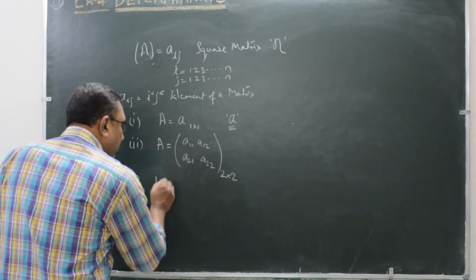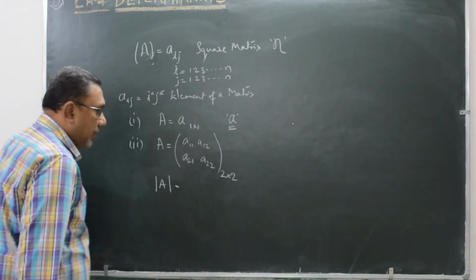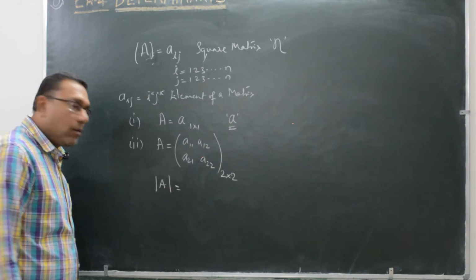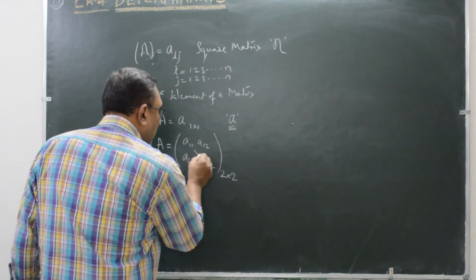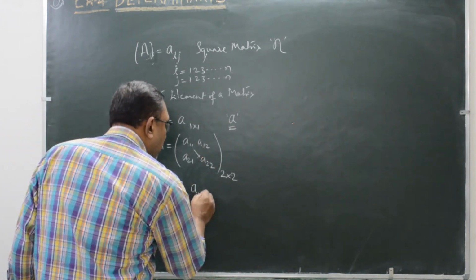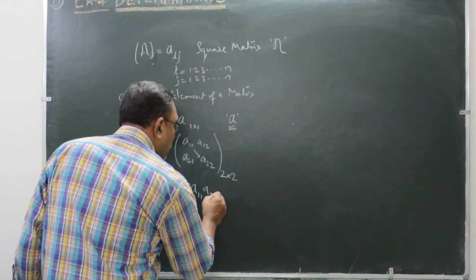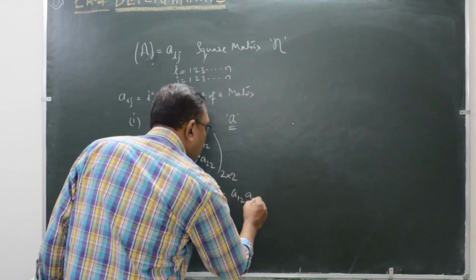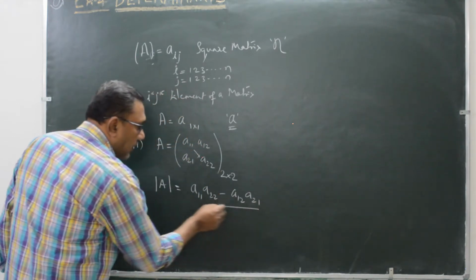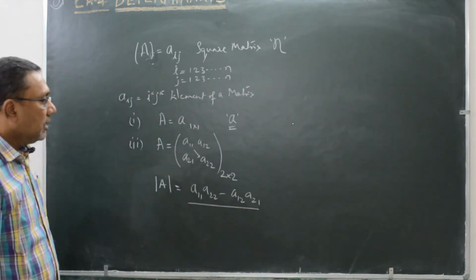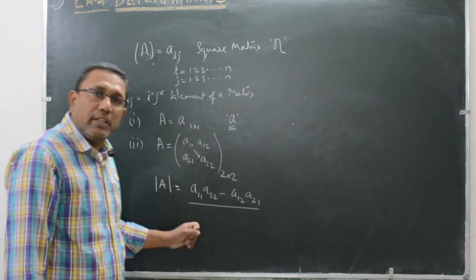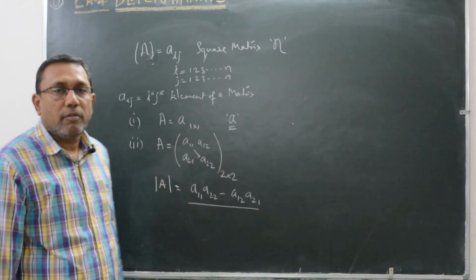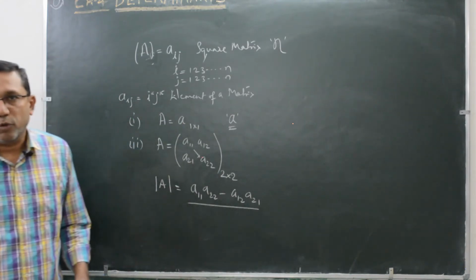We call it the determinant of A, which will be equal to a11 a22 minus a12 a21. This number obtained will be the determinant value of a 2 by 2 matrix.